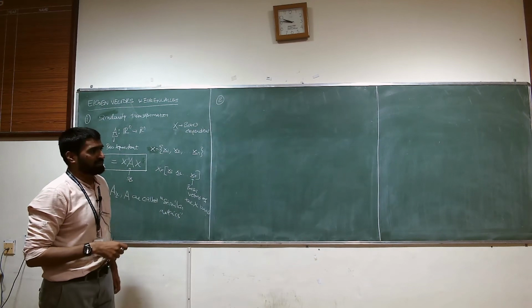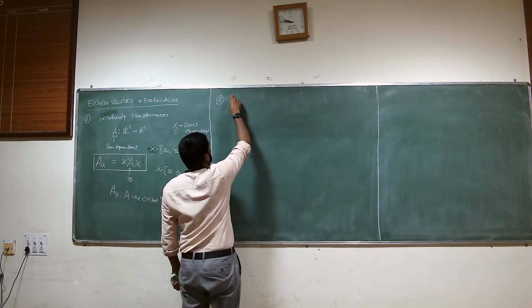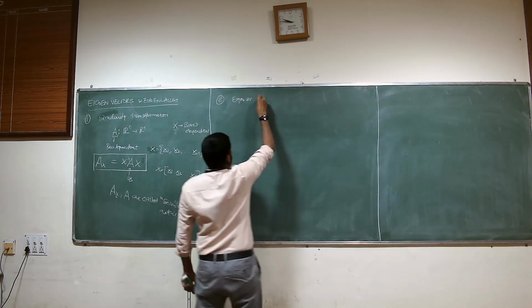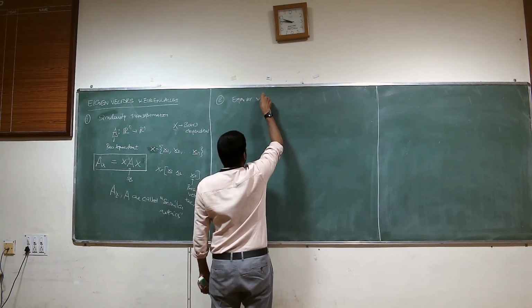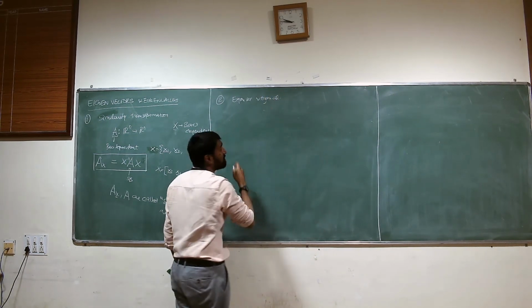What did we talk about? And then we talked about eigenvectors and eigenvalues. What are these?